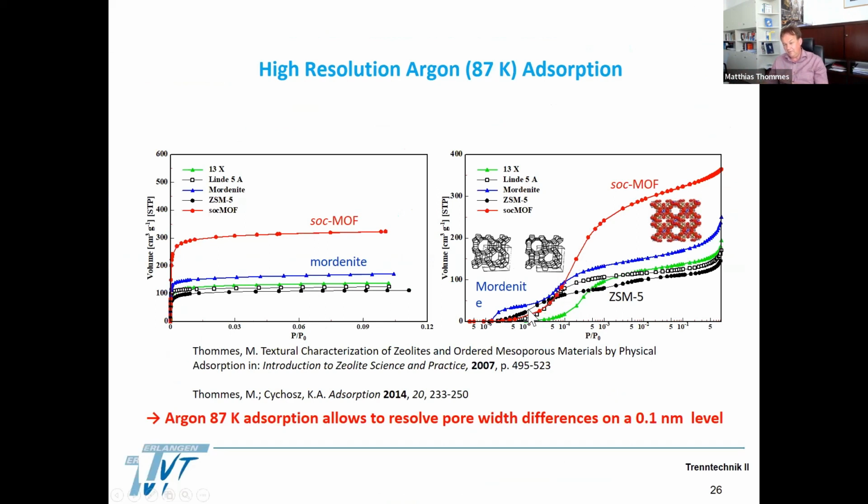And then you see here the cesium 5 zeolite, which is a 3D network of elliptical-like pores of 5.2 angstroms. And the pore filling happens right between: here the pores below 5, here between 6 and 7, here 5. So you see just from this plot, based on the crystallographic data which we have for such zeolites, that you can obtain pore size information on a 0.1 nanometer level with argon, which is not as sensitive to the surface chemistry and adsorption as nitrogen or other fluids are.